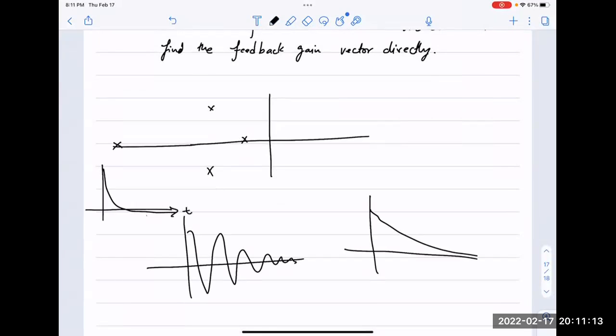So system behavior is largely controlled by the location of poles. And if you know the specifications of the system, like the desired response you have, you can simply design the gain controller K that steers your system towards some desired behavior.